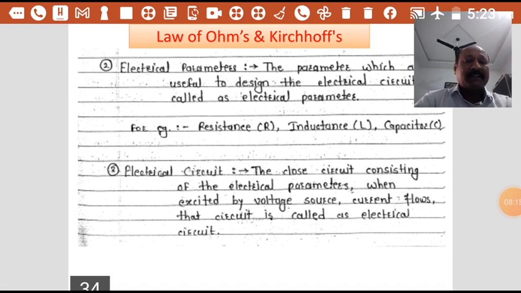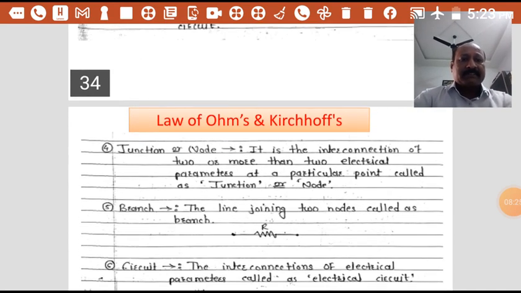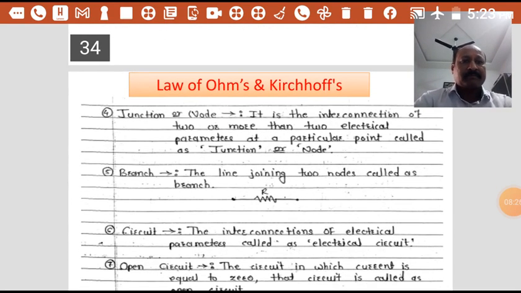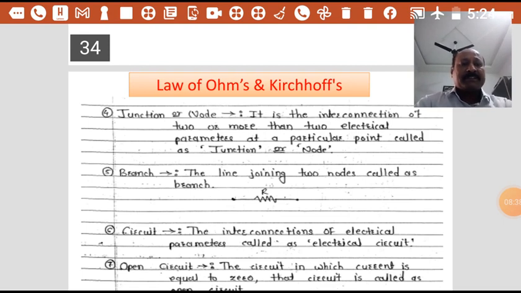So the next one is the junction or node. How will you define the junction? It is the interconnection of two or more electrical parameters at a particular point, which is called a junction or node.